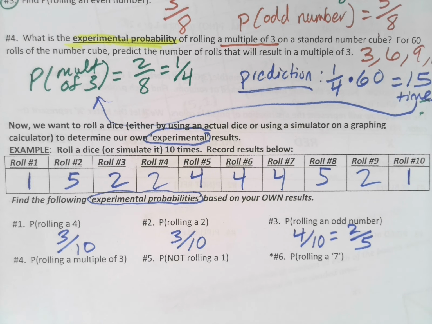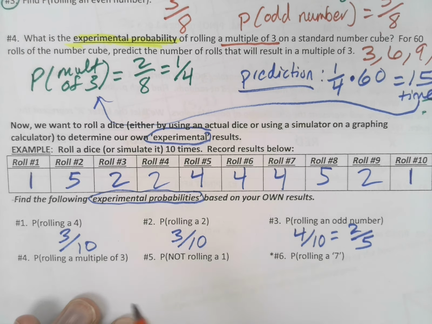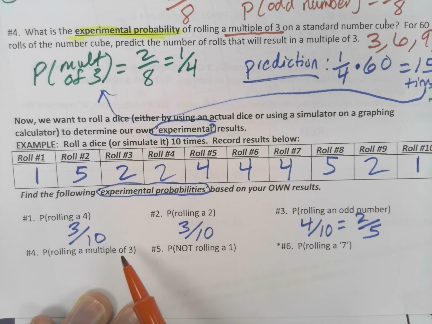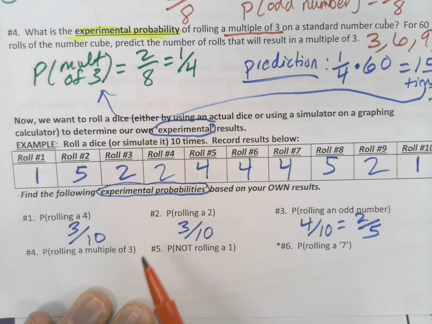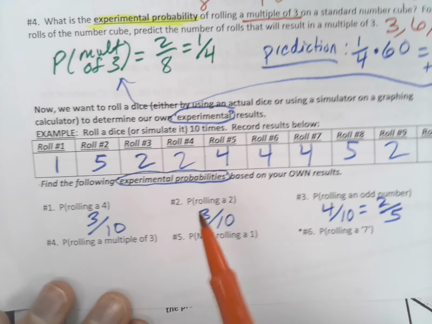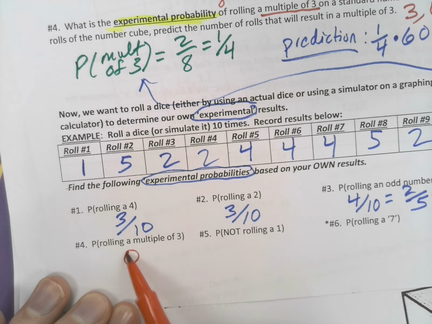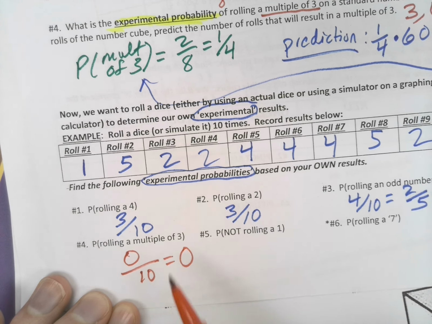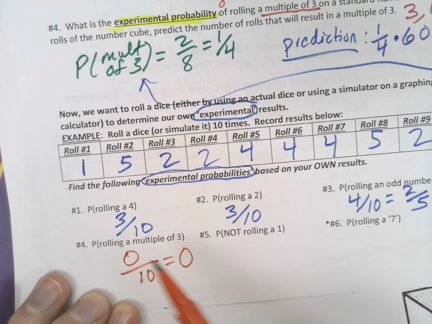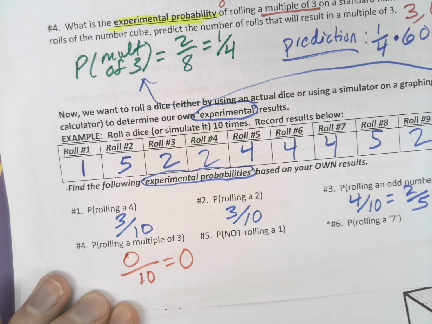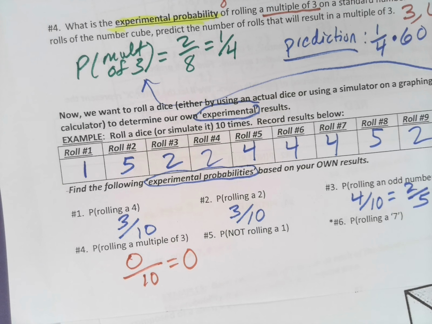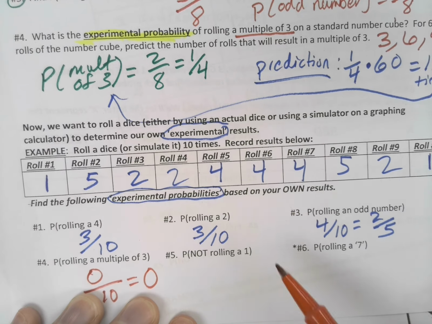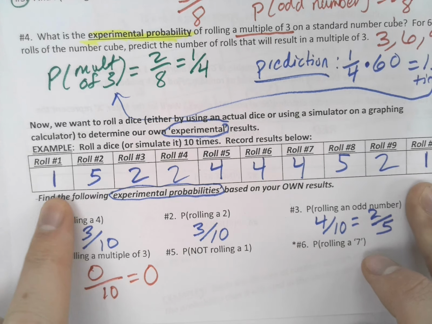And here's where things start getting wonky. Rolling a multiple of 3, that would be either 3 or 6. I didn't roll either of those. So based off my experiment, I have a 0 out of 10 chance, or just straight up 0 chance, of rolling a 3 or a 6. How about the probability of not rolling a 1? So literally anything other than a 1.